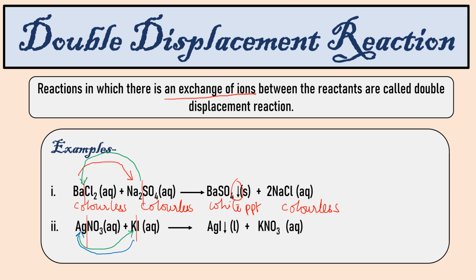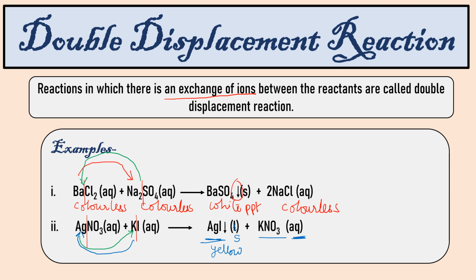So as a result, we get silver iodide. Here in this slide, this L should be S, solid. So silver iodide is again a precipitate, yellowish in color. It is a yellow precipitate, and it will settle at the bottom of the test tube, and potassium nitrate will remain in aqueous form, in solution.